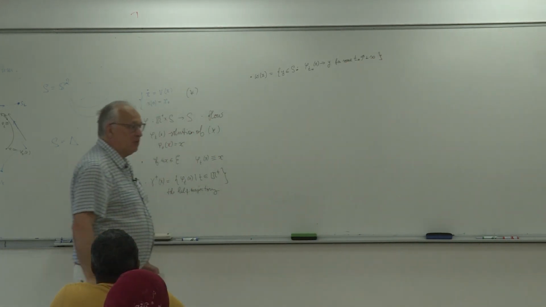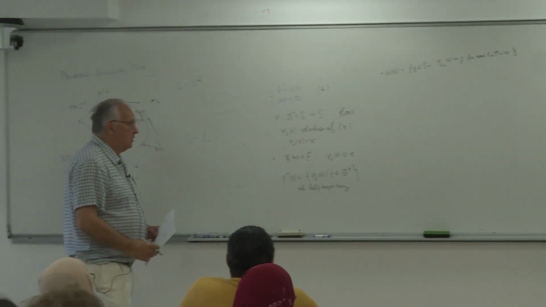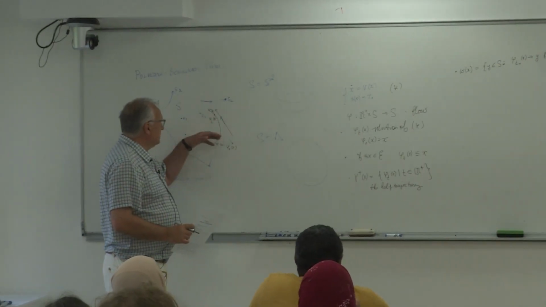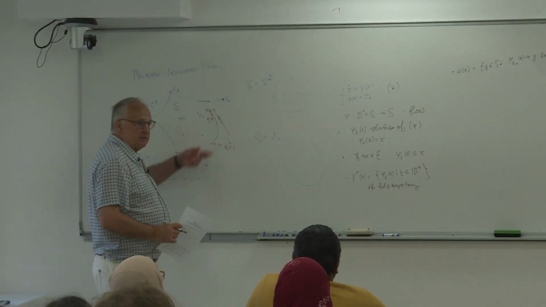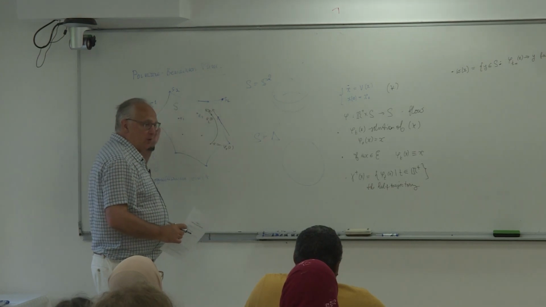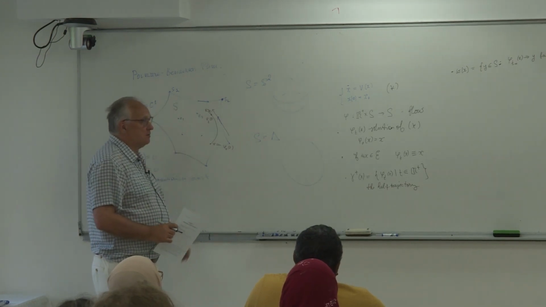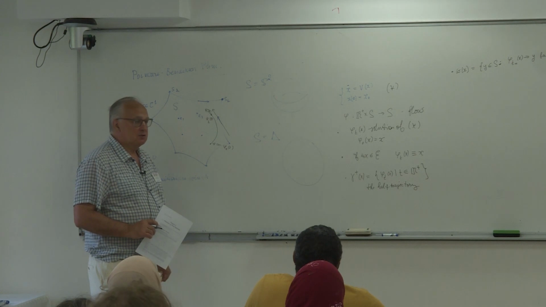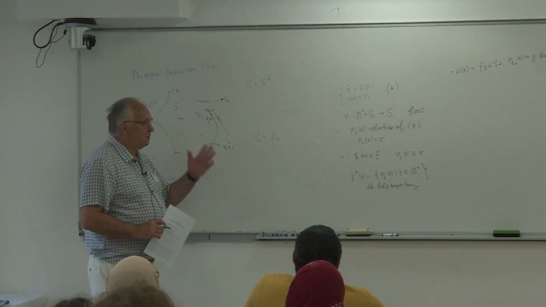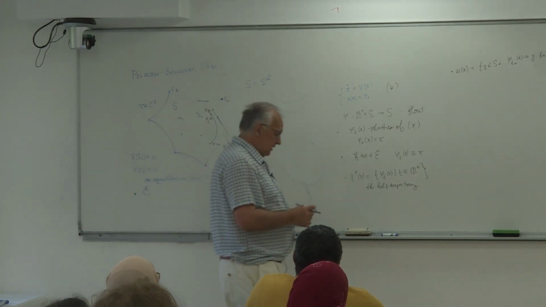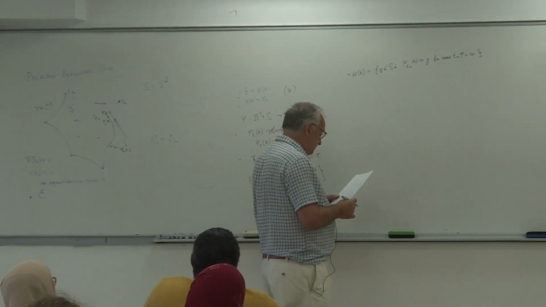So all possible limits of our trajectory, all points which are limit points of the trajectory, we call the limit set, or the omega limit set.